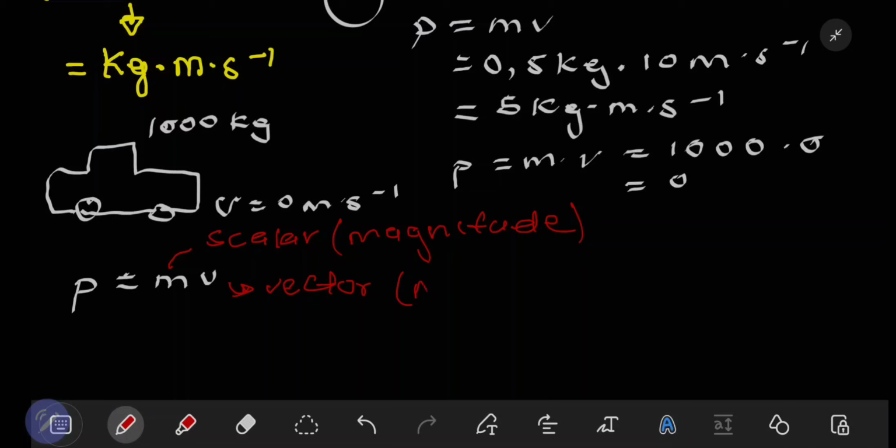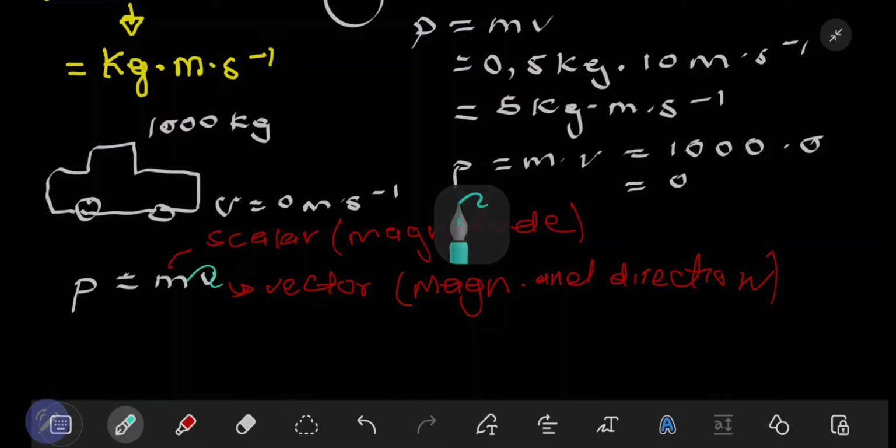It has both the magnitude and direction. You see? So we said that momentum will take direction, and looking at these two quantities, mass has only the magnitude and the velocity has both magnitude and direction.